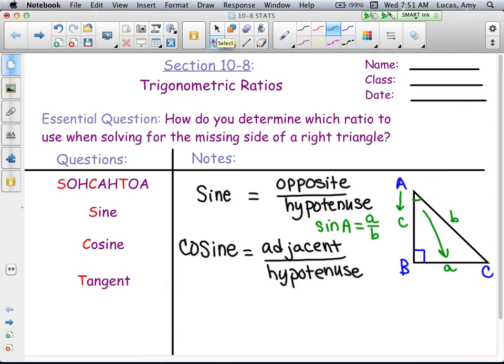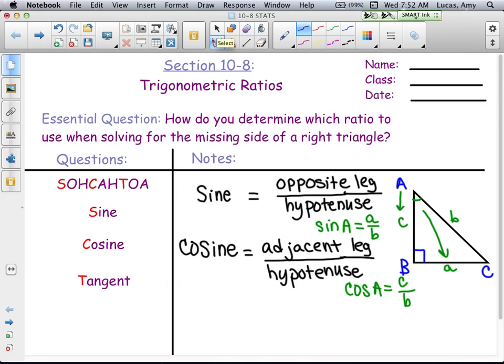So the opposite and adjacent are legs. So opposite leg over the hypotenuse or adjacent leg over the hypotenuse. So if it was the cosine of angle A, that ratio would be the adjacent leg, C, over the hypotenuse, B.